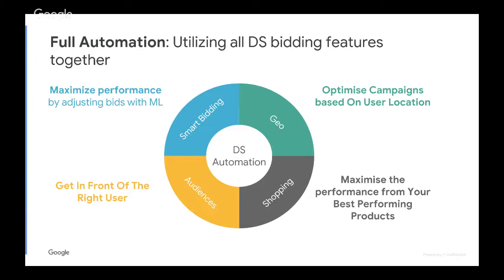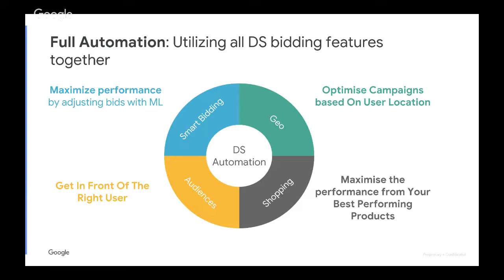Essentially, if you're targeting, say, the UK as a whole, DS, based on the revenue goal you have set up in your bid strategy, can identify the most valuable locations within the UK that we should be bidding towards. Now, if you add this with your modifiers, you essentially have your geo completely taken care of. So this is breaking out maybe London, Manchester, and making sure the modifiers are granular enough that we're optimizing to the right people.